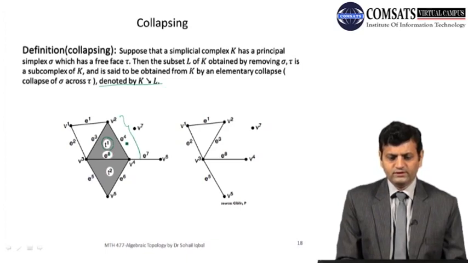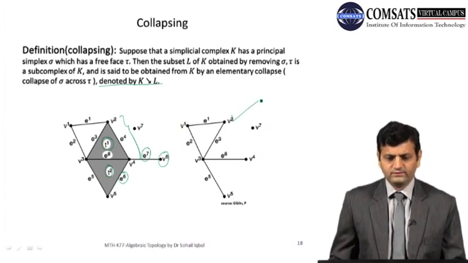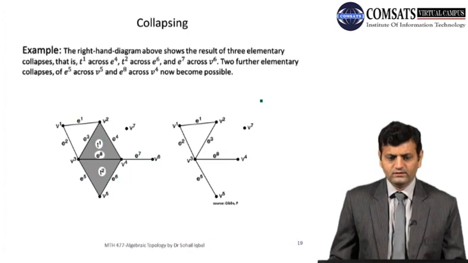We remove T1 and E4, and we remove T2 and E6 because E6 is also a free face. And we remove E7 and V6, because V6 is not a face of any other simplex, so V6 is a free face of E7. We can do all these three collapses and we will get this simplicial complex.